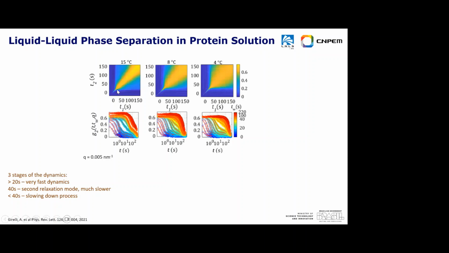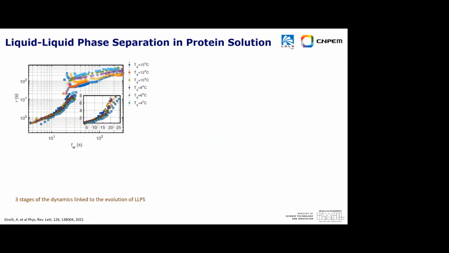Then we can observe the dynamics start to slow down, and it depends on temperature; it occurs at different times. And when they observe the one-time correlation, they can observe the same thing. The dynamics is moving for a long time, it's slowing down, and at some point it's arrested. You see, we do not even have the whole decay, because the system was completely arrested at some point.